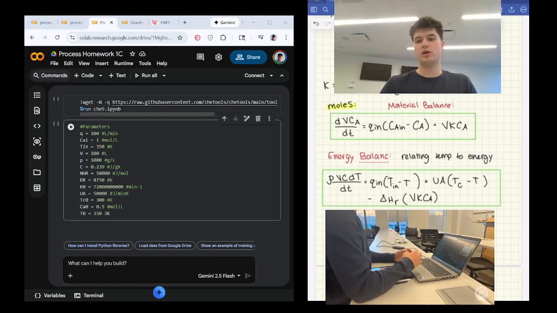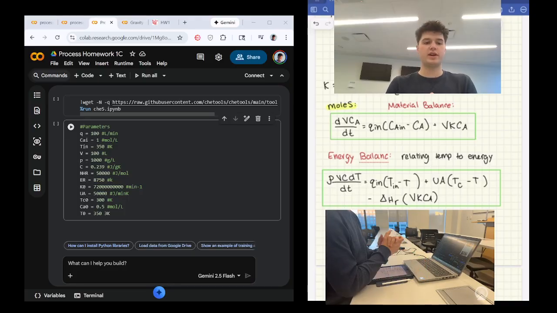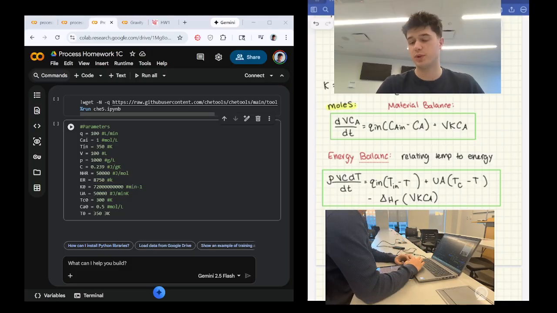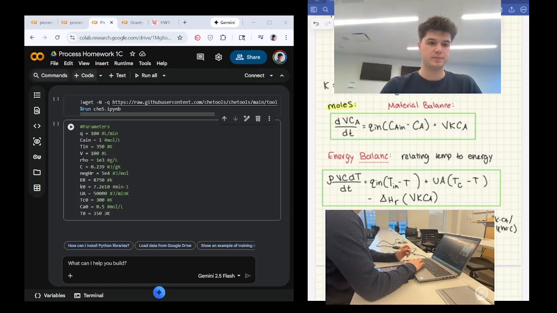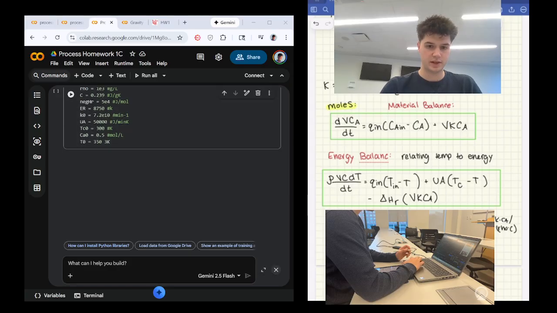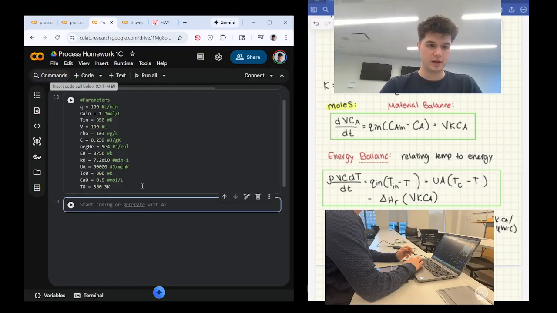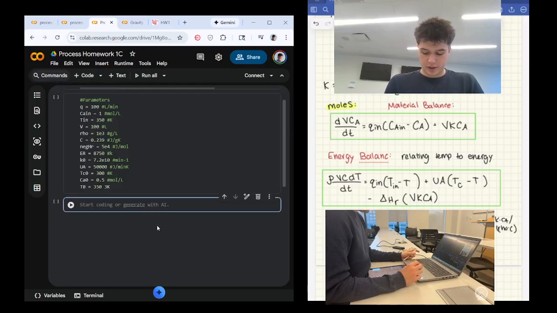So now after we did all that hard work of inputting all this, just a few more steps, and then Colaboratory will do the simulations for us. We have lots of equations to put in.